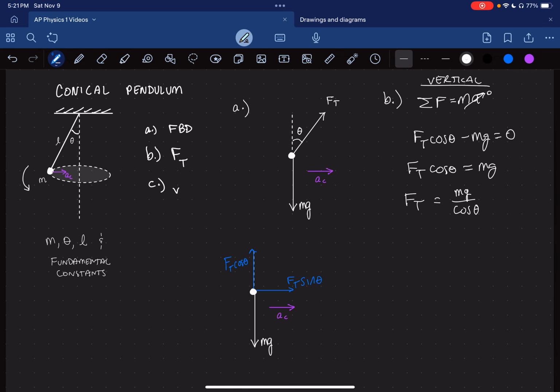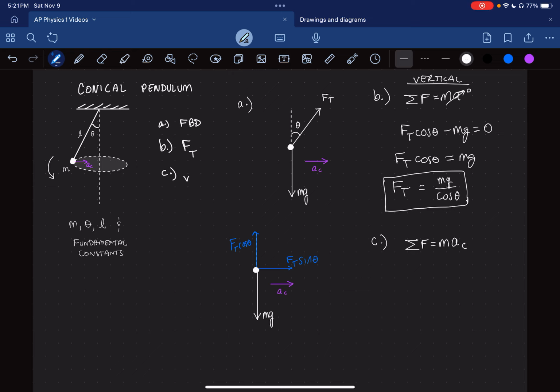And let's do c, the speed. Well, let's see here. We can do Newton's second law for the centripetal acceleration here.